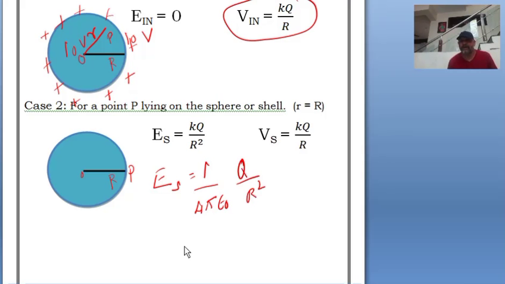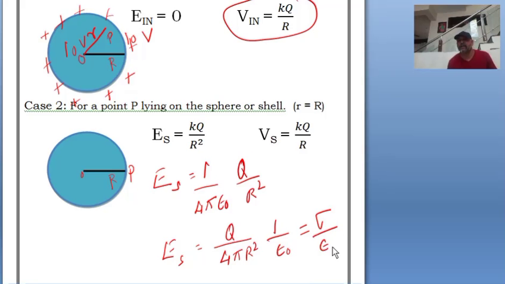You can write this as Es is equal to q divided by 4 pi R square, and what remains is 1 divided by epsilon naught. Now q divided by 4 pi R square is charge divided by area, therefore you can also write it as sigma divided by epsilon naught. That is, sigma by epsilon naught.